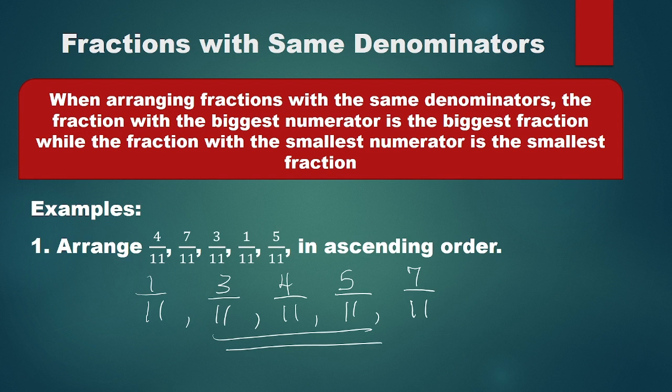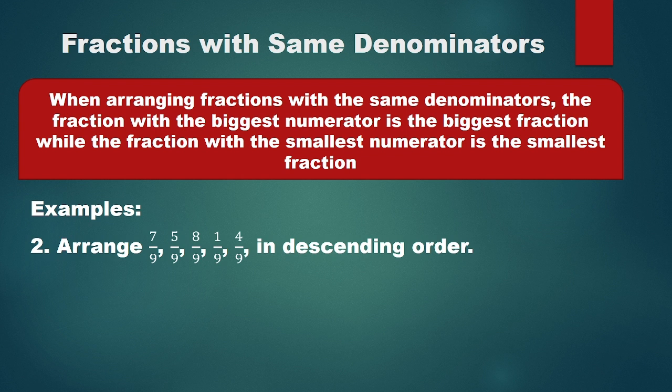Let's take another example on this. Arrange 7 over 9, 5 over 9, 8 over 9, 1 over 9, 4 over 9 in descending order, that is from the biggest to the smallest. Take note, the biggest fraction here, since all of them have the same denominator, is the one that has the biggest numerator.